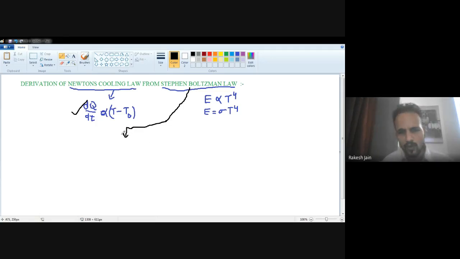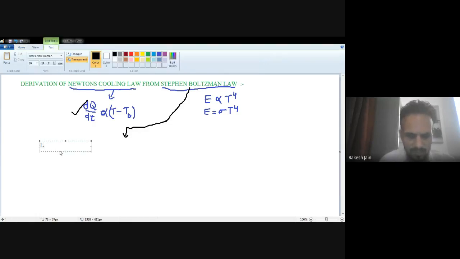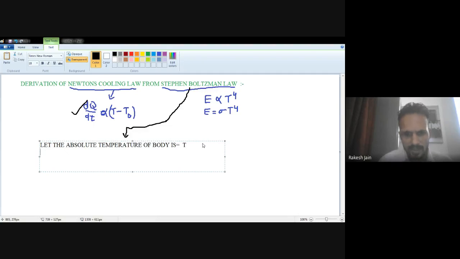So to derive this, let the absolute temperature of the body be T, and the temperature of the room, or we can say the surrounding, be denoted by T0.